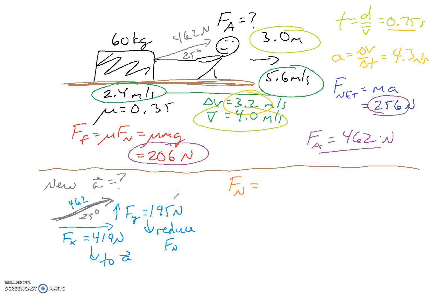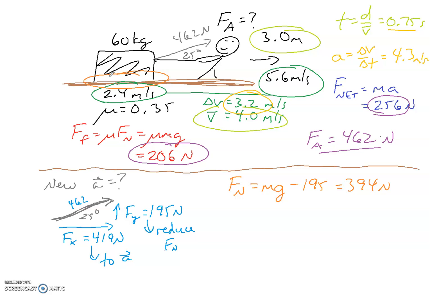So we'll start with the mg, which is the mass of 60 times gravity, but then we're going to subtract that 195 because he's reducing some of the pressure on the ground. So the weight of the box is just under 600 newtons, and then we subtract 195, which leaves us with around 394 newtons of normal force between the ground and the box.